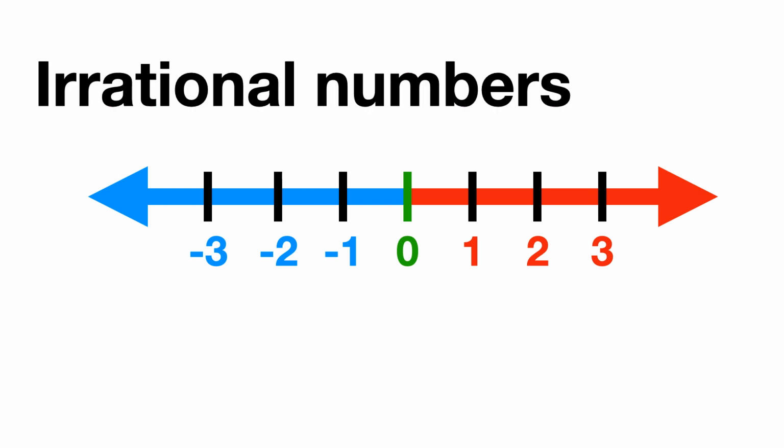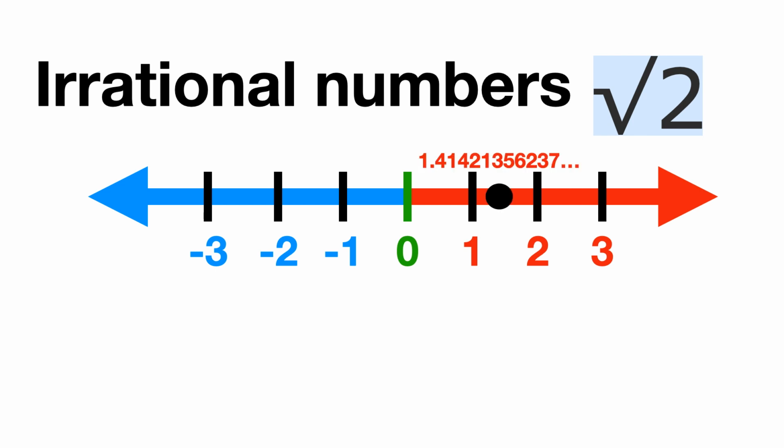Irrational numbers are numbers that cannot be expressed as a fraction or ratio of two integers. For example, the square root of 2 cannot be written as a simple fraction. The square root of 2 is 1.41421356237, and so on, and you cannot express it as a fraction or ratio of two integers.